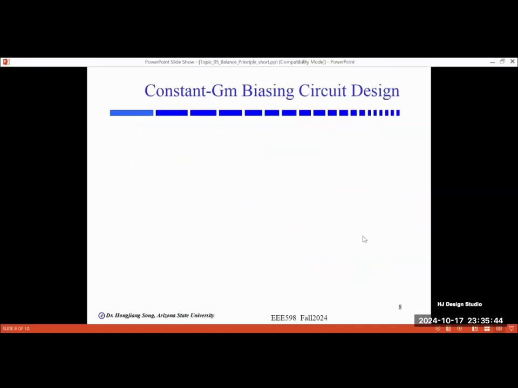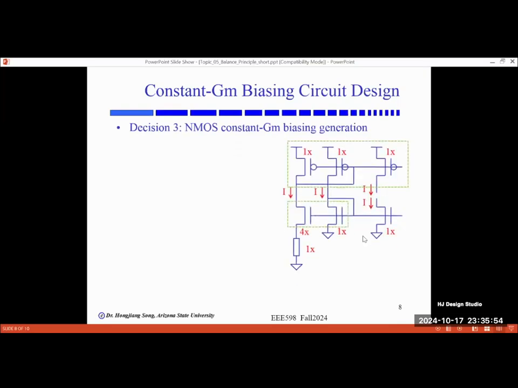Finally, how can we generate a biasing current which is independent of the power supply? Here's one popular circuitry which I'll call the constant gm biasing generating circuitry. The circuitry has three basic components: NMOS, PMOS, and a resistor.